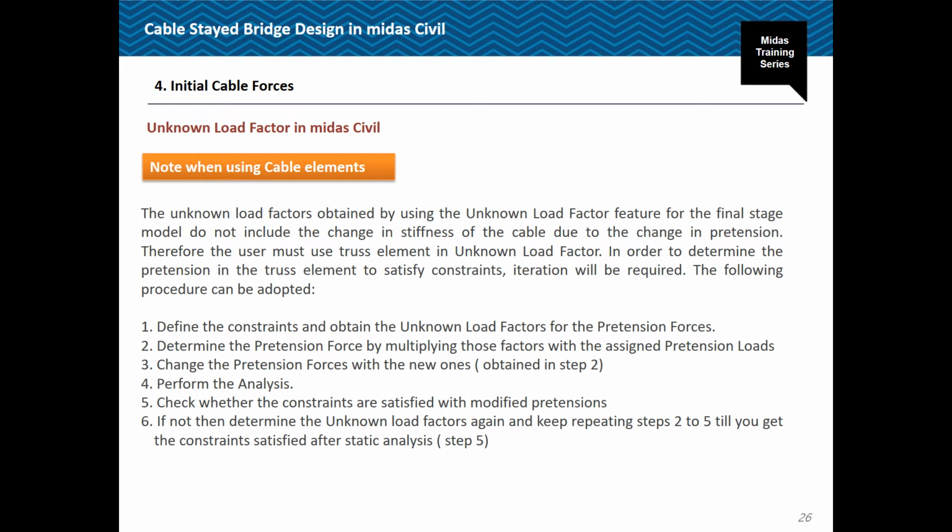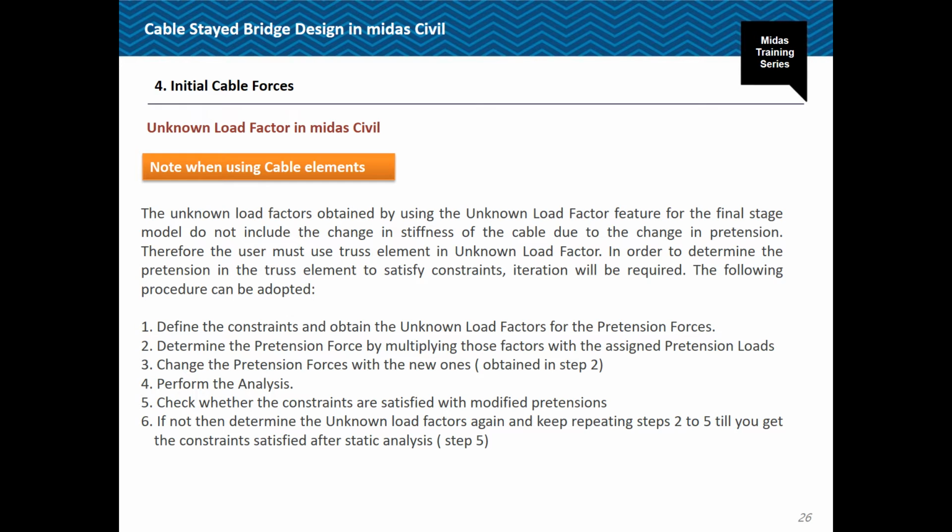That means that if we are using equivalent trusses, as we should do, a step that's required after having found the force with the unknown load factor is to update the pretension force in the cables so that the stiffness of the cable is updated. We can perform the analysis again and check whether the constraints are satisfied or not.